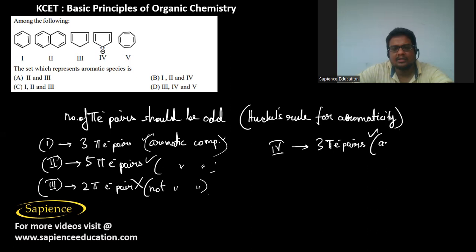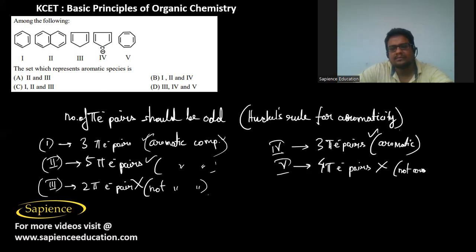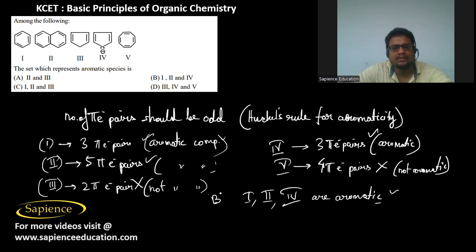So it is also aromatic. And the fifth one has 4 pi electron pairs, which is an even number. So it is not aromatic. So it means that only 1, 2, and 4 are aromatic species. So option B is the correct answer.